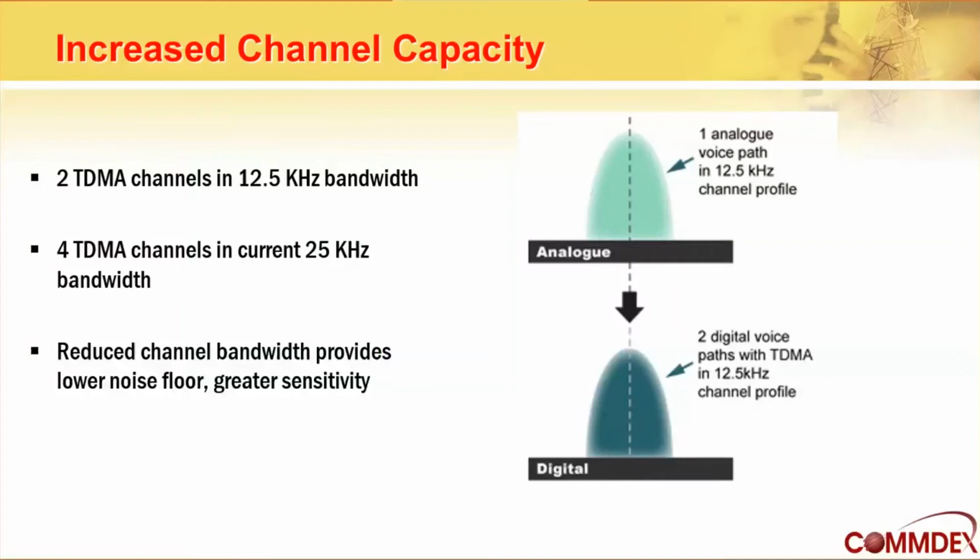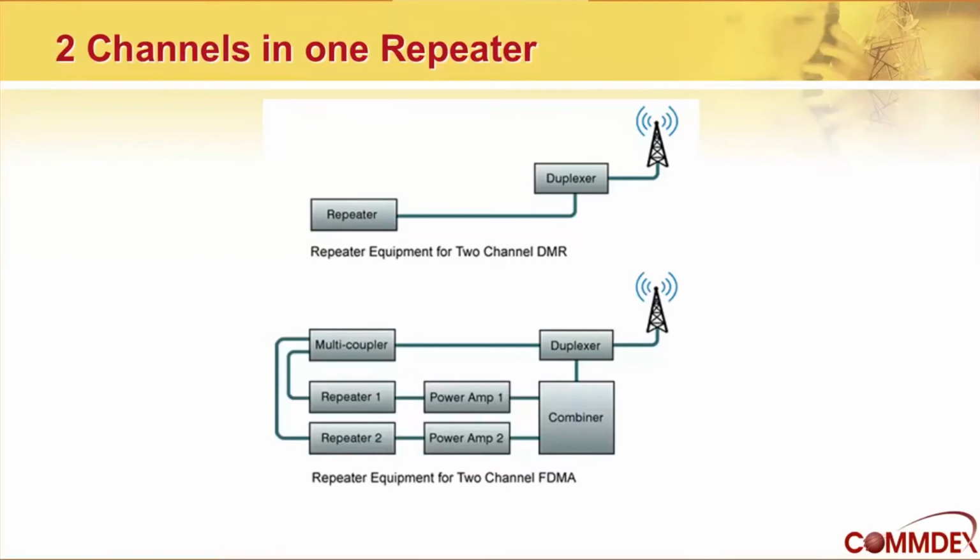There are systems out there that use 4 TDMA channels, some that use 6, but the concept's the same. So you now have the ability to support 2 channels in one repeater. And it effectively operates like 2 in 1.